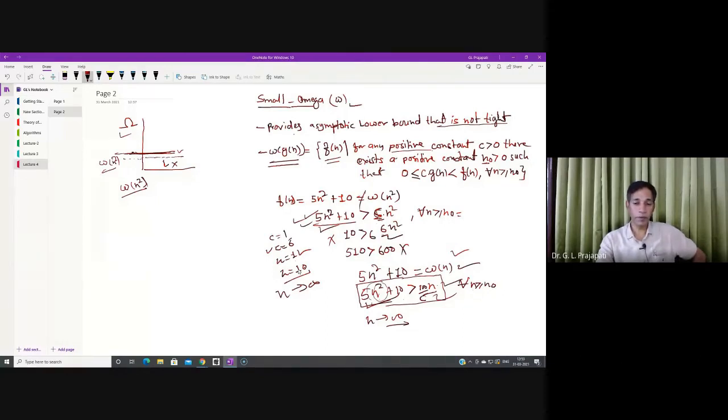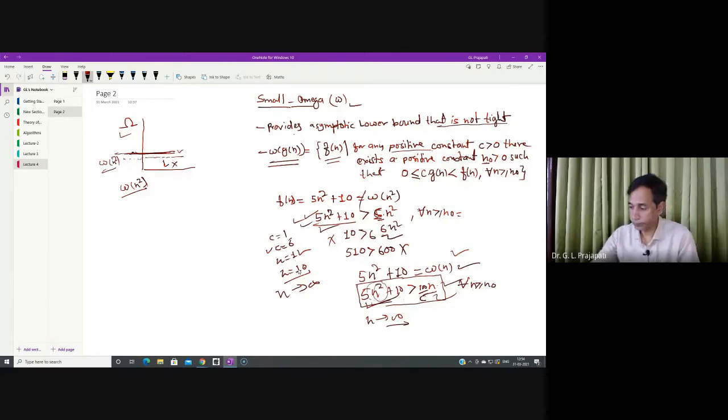If you can write 2 here, then it is tight, but you have to write less than 2, and once you write less than 2, this is not tight. So asymptotic small omega notation also denotes the lower bound of an algorithm, just like big omega notation. But here you are sure that the bound is not tight. So small omega notation always denotes the lower bound which is not tight.